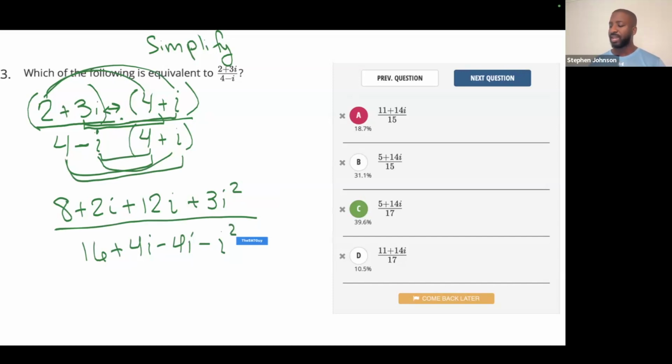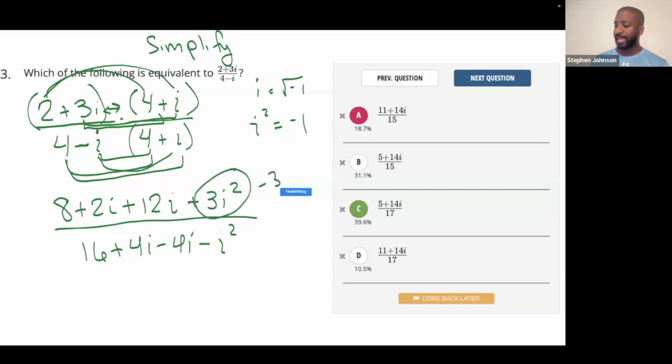Let's continue simplifying this. i squared is equal to -1, so hopefully you remember that. i is equal to the square root of -1, and i squared is equal to -1. So 3i squared is really just a -3, right?